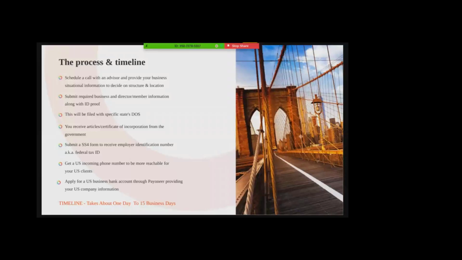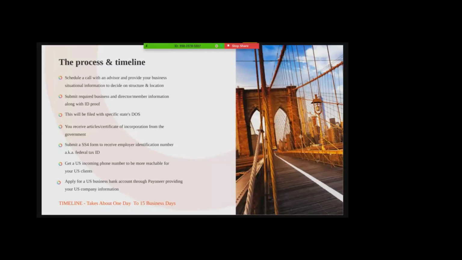And the second step: once you are clear on the structure and the entity, there's certain information that the state will require from you to incorporate your company. You need to submit it along with an ID proof of yours. This information is filed with the state's Department of State. Every state has a Department of State within it.